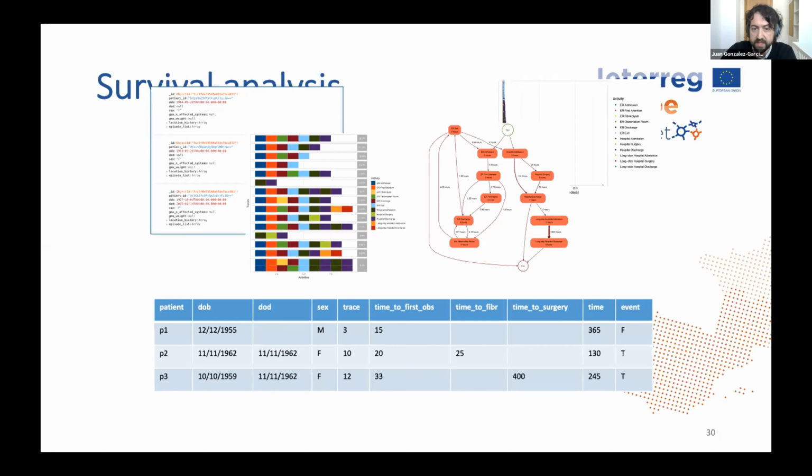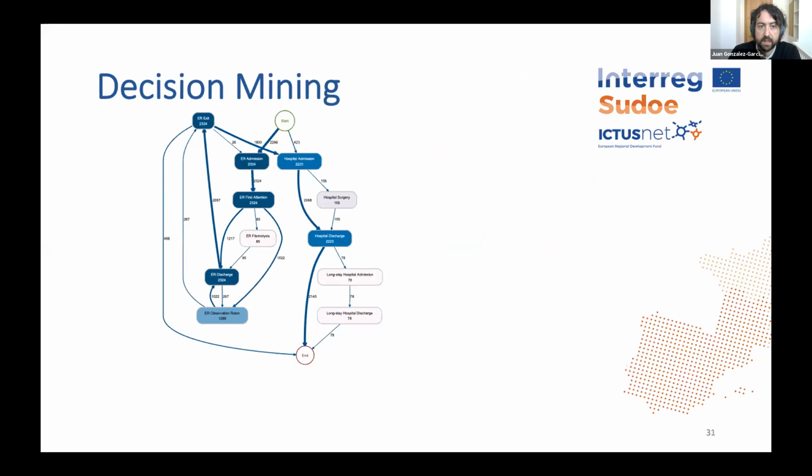We are right now working on how to perform this analysis. We did some initial analysis, but we are working on performing this survival analysis using, for example, Cox regression and so on. Next slide, please.